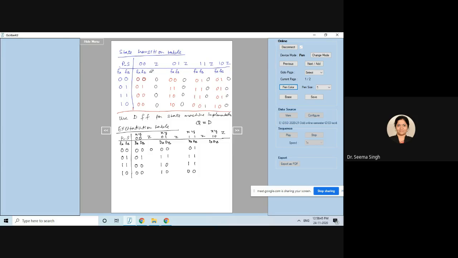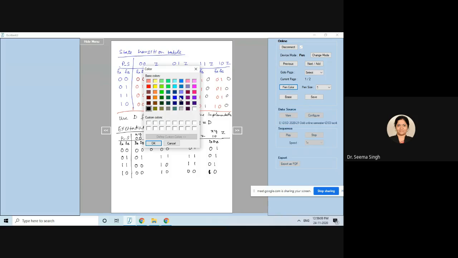FA and FB are output. DA and DB are input. That is why we call it an excitation table. Excitation table means what excitation input has to be given to DA and DB to get the output as FA and FB. So what I am drawing now is the excitation table.